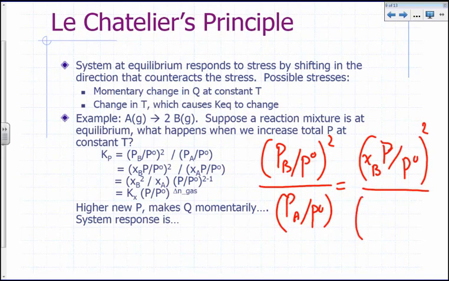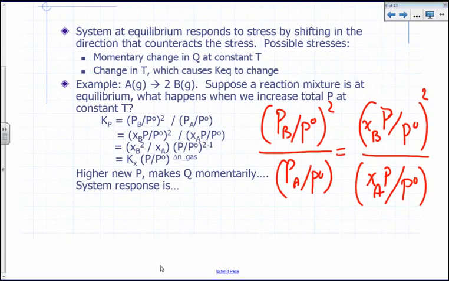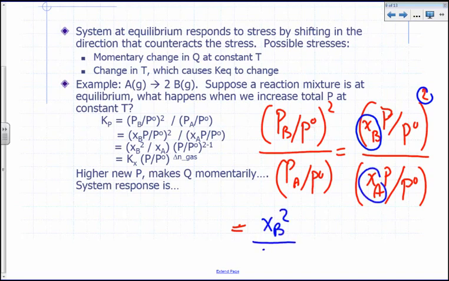And the partial pressure of A would be the mole fraction of A times the total pressure, divided by P naught. So what do we get for our Kp? This becomes equal to the mole fraction of B squared over the mole fraction of A, and then you have P over P naught raised to the power 2 minus 1.